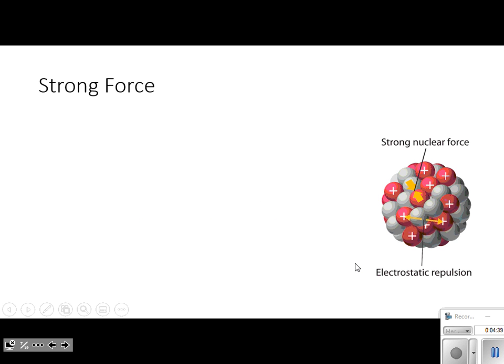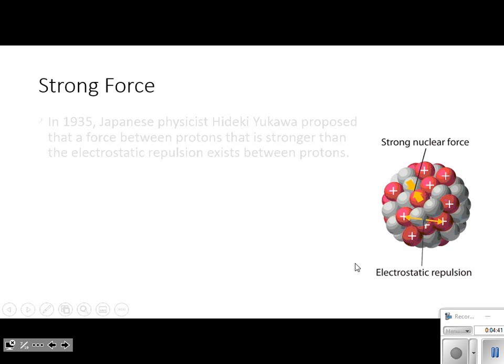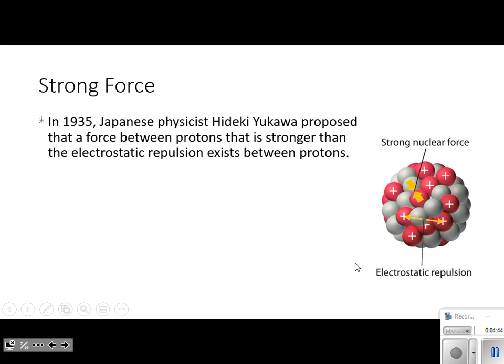Now, a strong force, ladies and gentlemen, a strong force. Hideki Yukawa, 1935, he said that there is a force that exists in the nucleus, okay, that is even stronger than the electrostatic repulsion.